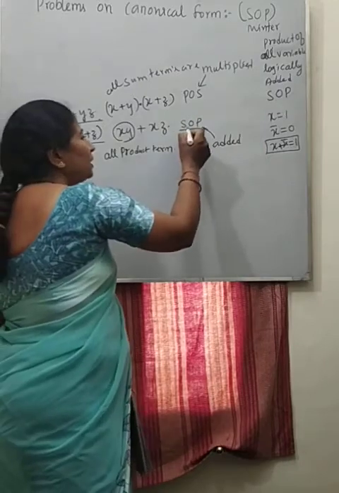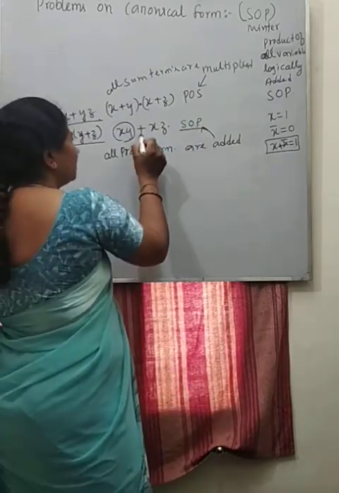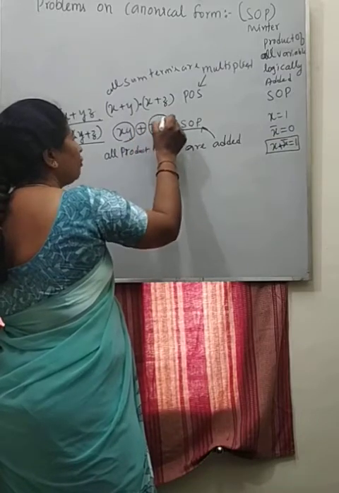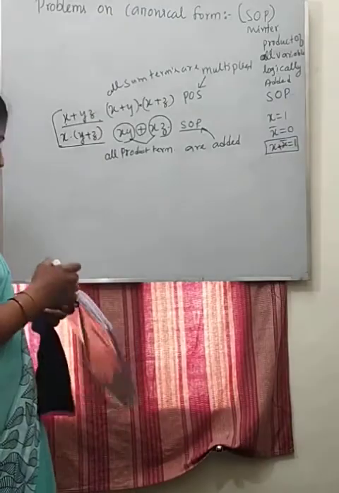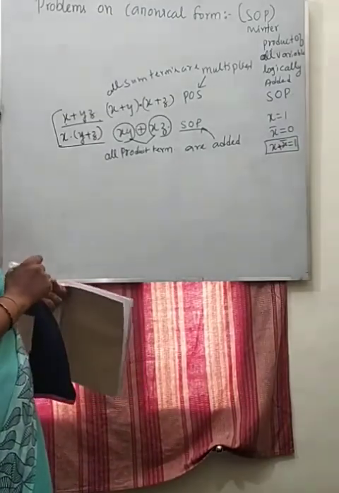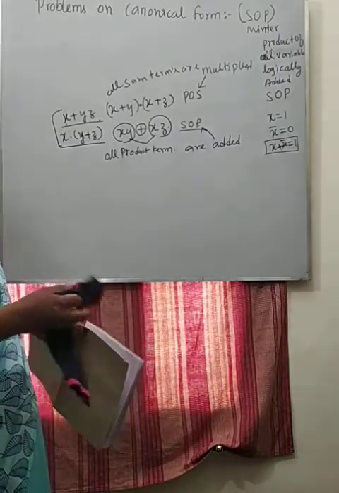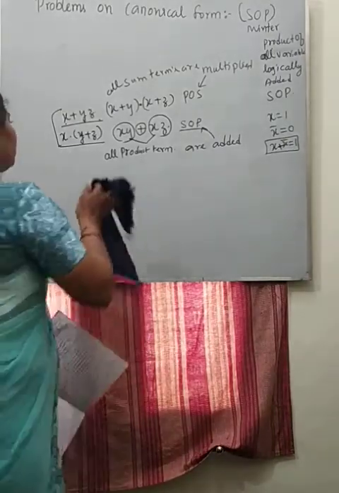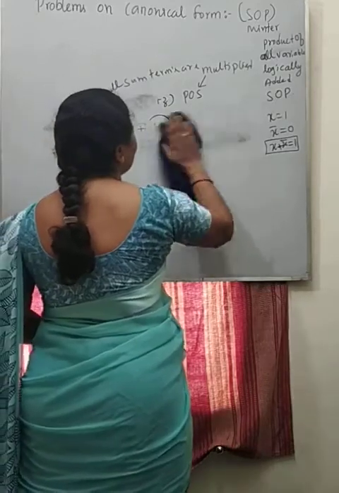SOP is nothing but sum of products. That means this is a sum of these two products, which we can write in the min term form also, as we discussed in the last class. Now we will move on to solving the problems given in the canonical form.